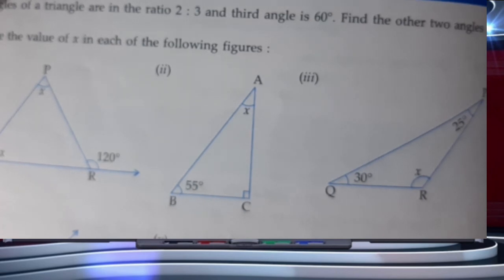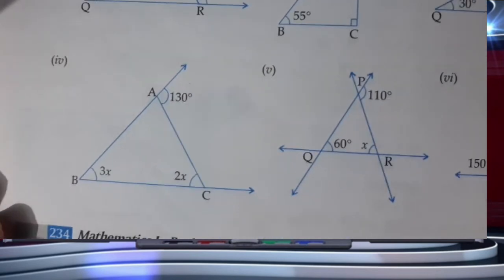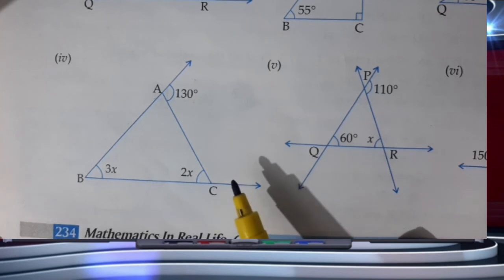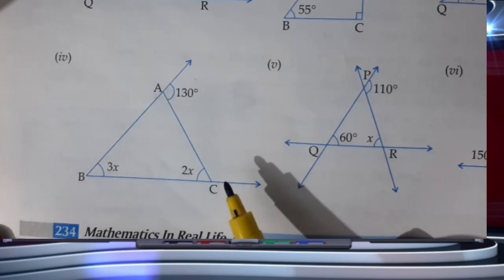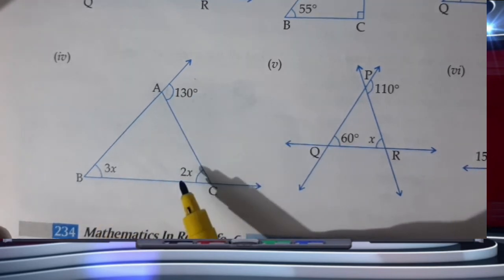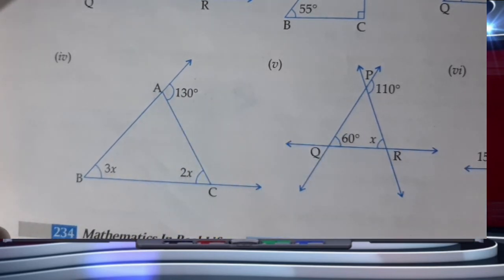Now we will come to the fourth part. Here you have to find out the value of x. Here also I am using the exterior angle theorem, that is 3x plus 2x is equal to 130.